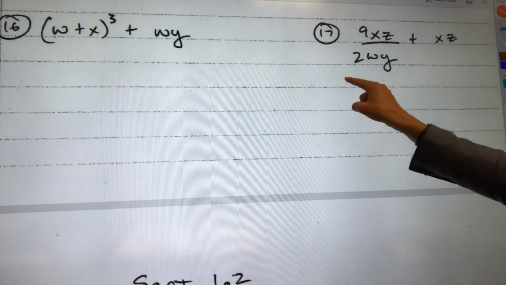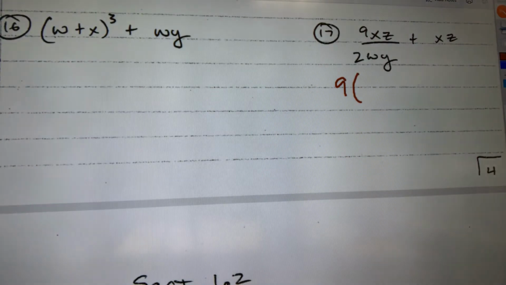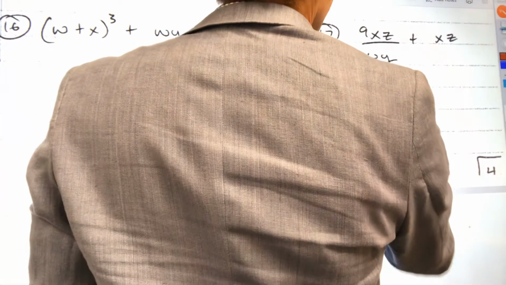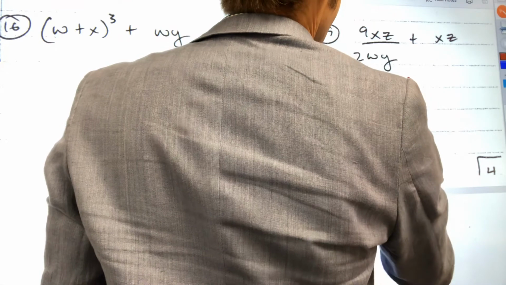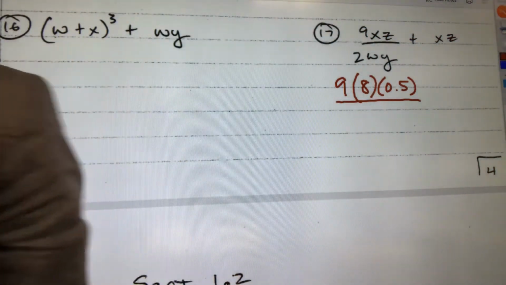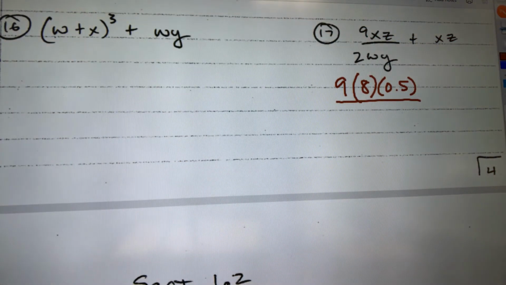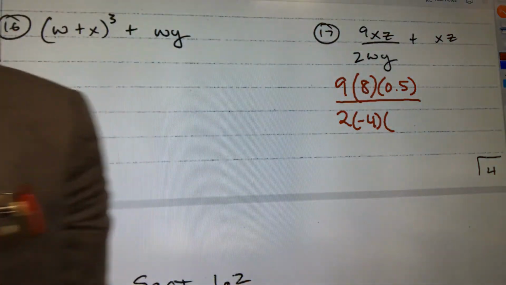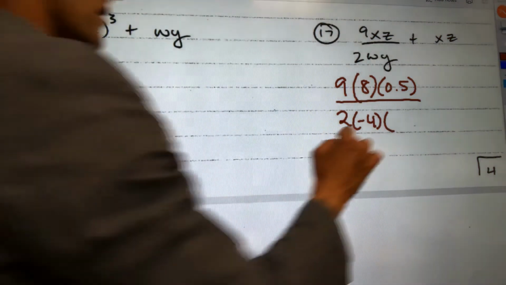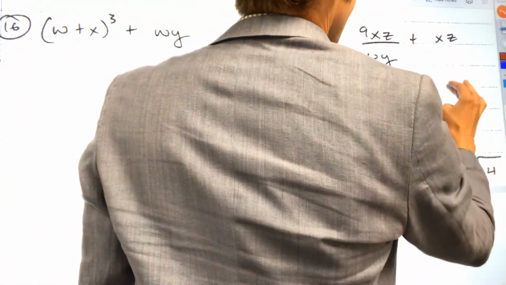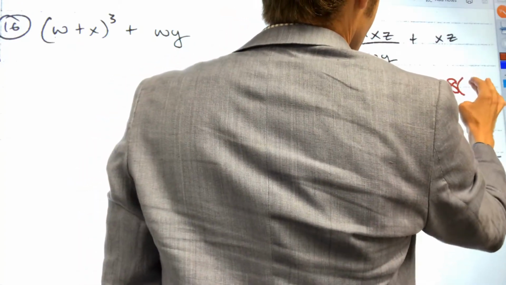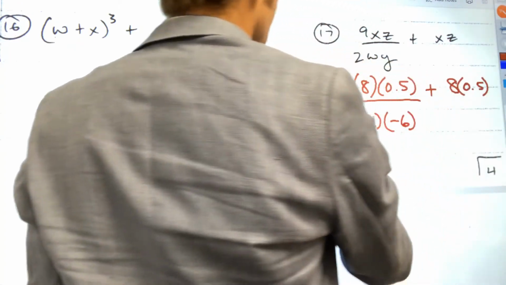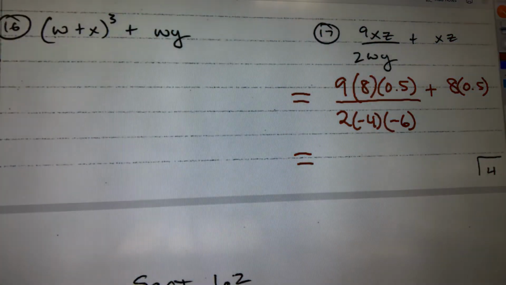All right, we have 9 times X, which is 8, times Z, which is 0.5, divided by 2 times W times Y plus X Z. All right.